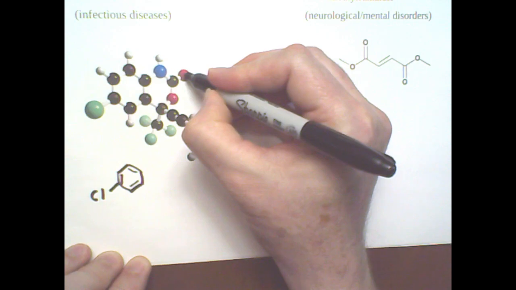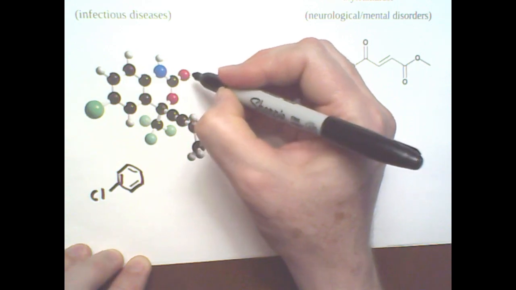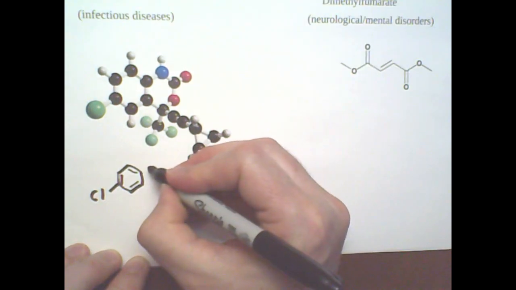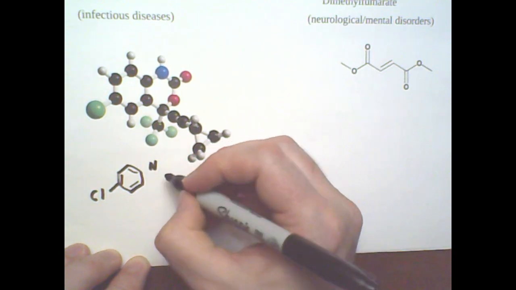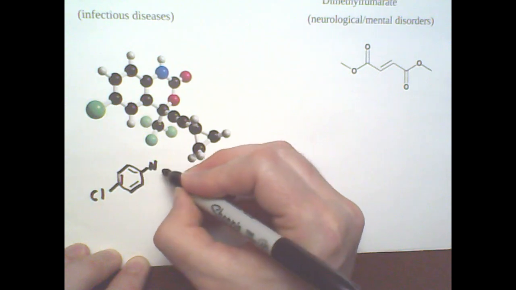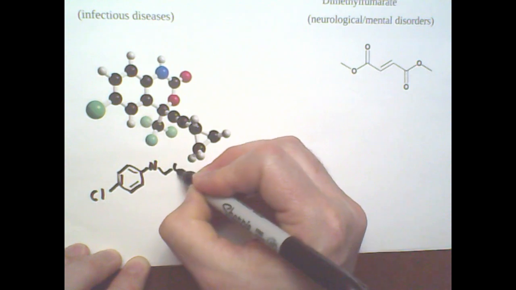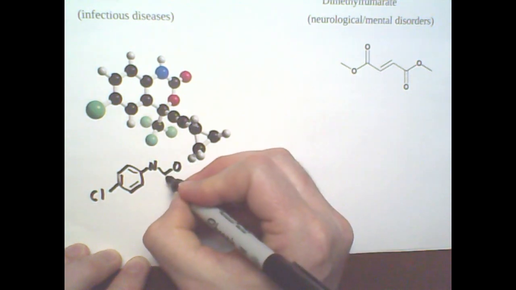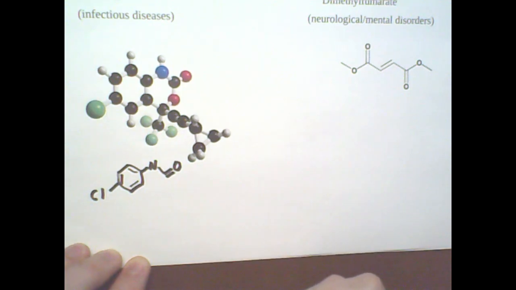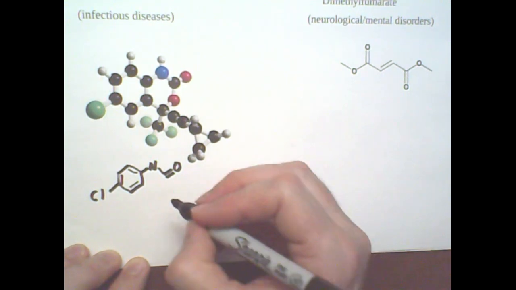The oxygen there doesn't appear to have a hydrogen on it. So I'm going to put the nitrogen in. And go to the oxygen. And since that oxygen only appears to have 1 bond, that's going to be a double bond.